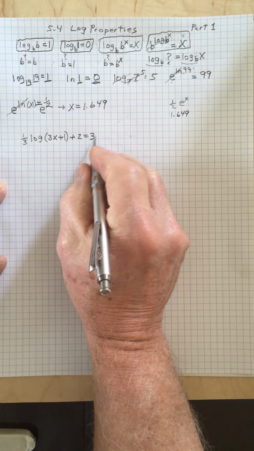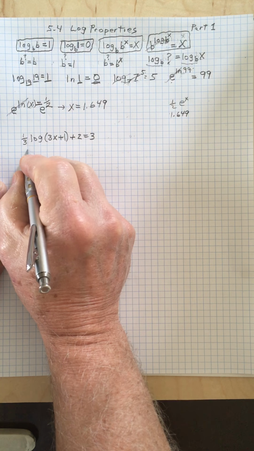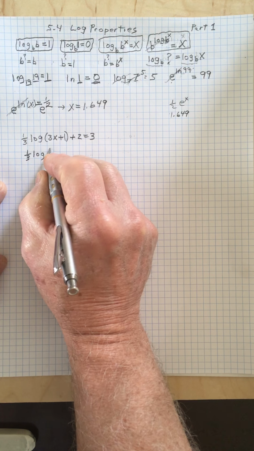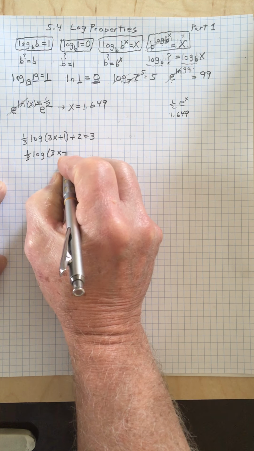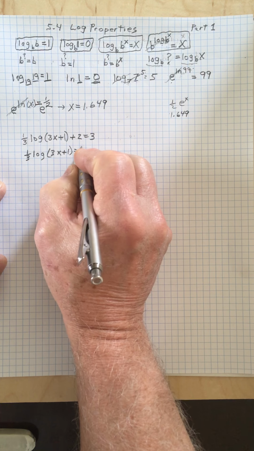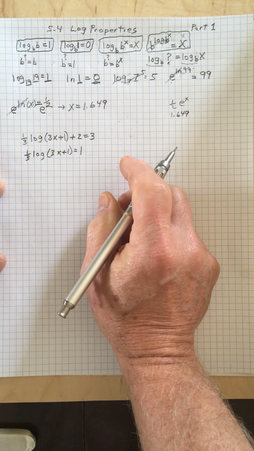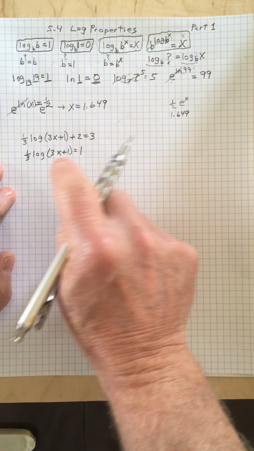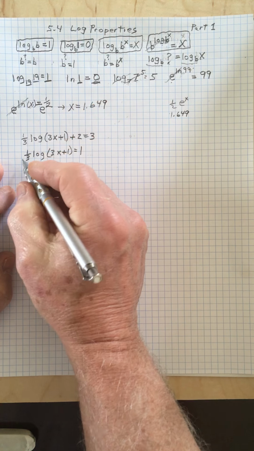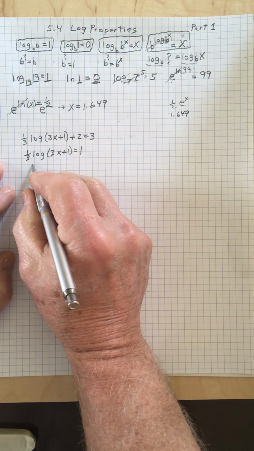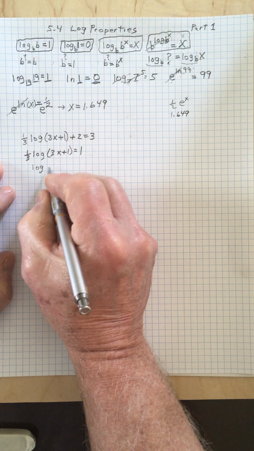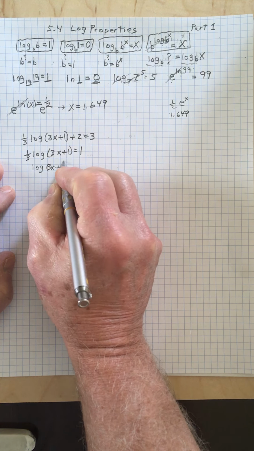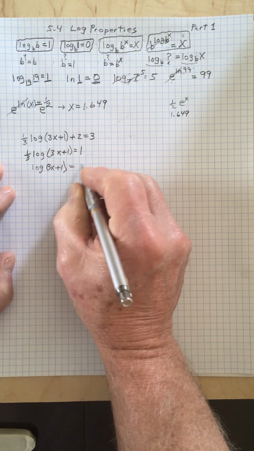All right, so we're going to subtract 2 from both sides. So 3 minus 2 equals 1. Now I'm going to multiply both sides by 3, so that'll get rid of this 1/3 over here. And 3 times 1 is 3.